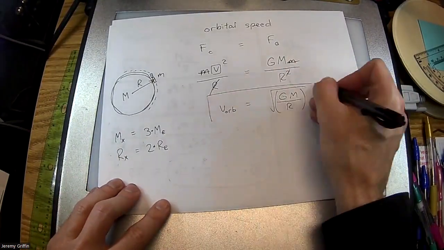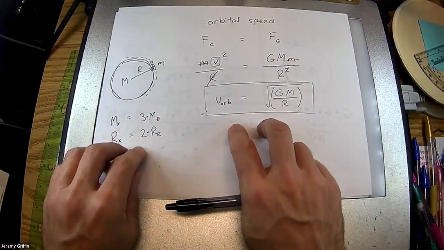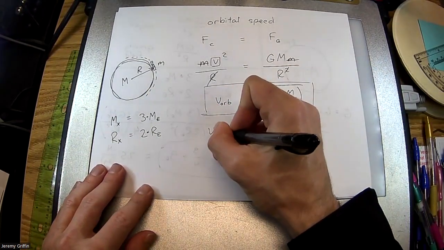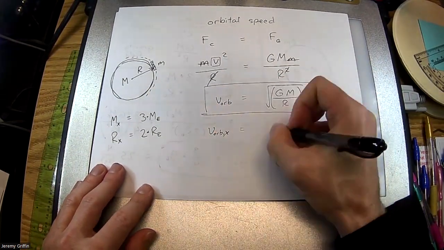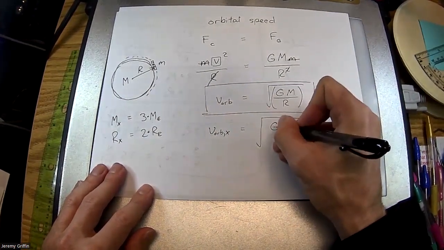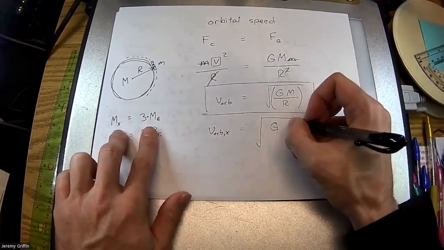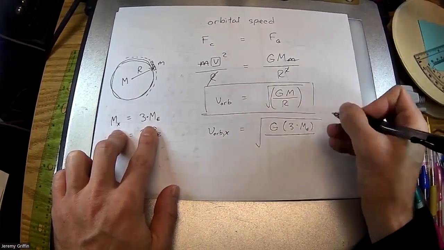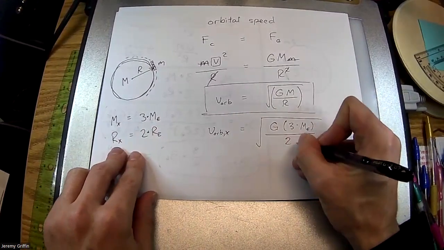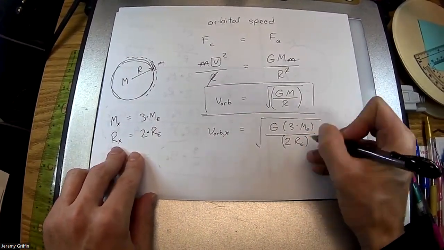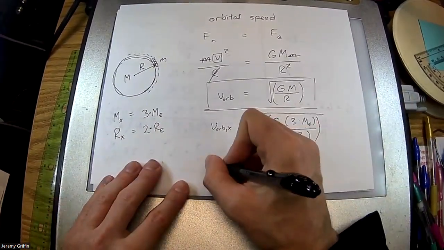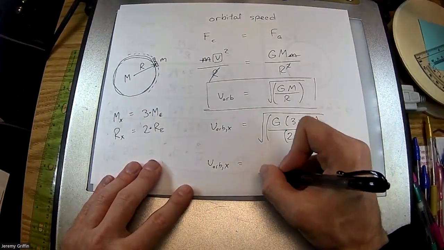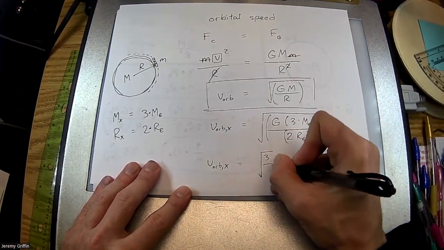But I want to go another step with this. What is the orbital speed for this planet X compared to Earth? So the orbital speed for planet X is the square root of the universal gravity constant, and the mass of this planet is 3 times Earth mass, and the radial size of this planet is 2 times Earth's radius. Put it all together, v for planet X: you take the 3 and the 2 out, although still underneath the square root, and pull out as a number.